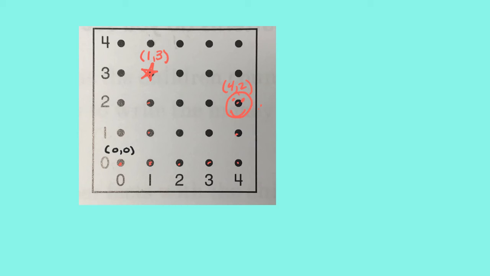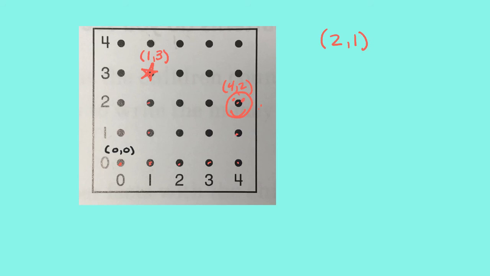Okay, so let's try it a different way this time. I'm going to tell you the triangle family's coordinates, and we'll see if you can find where the triangle family lives. So the triangle family's coordinates are 2, 1.